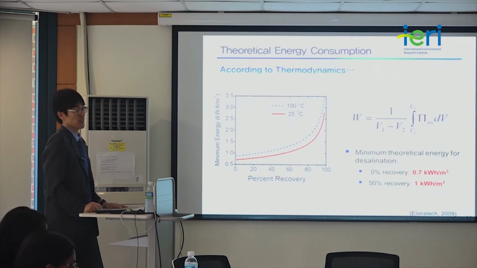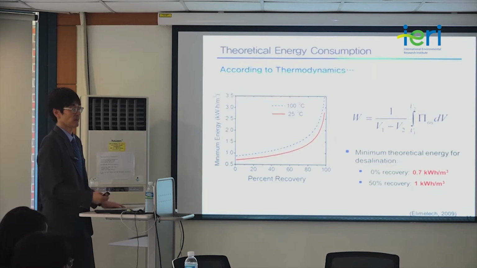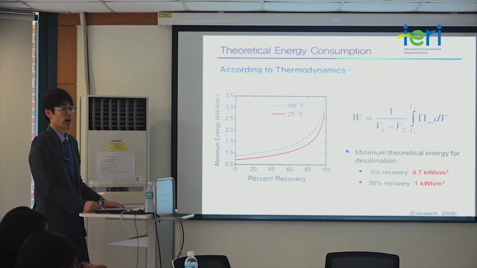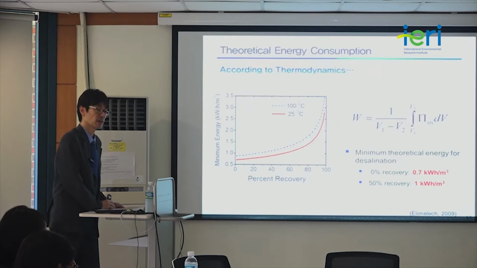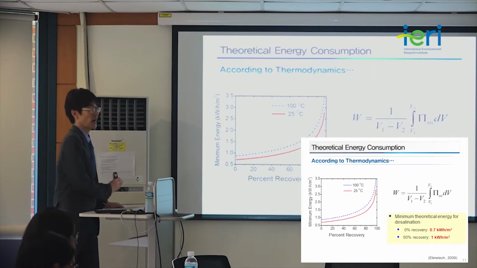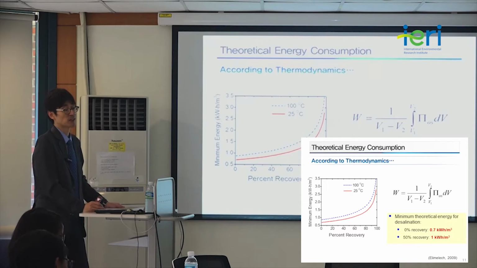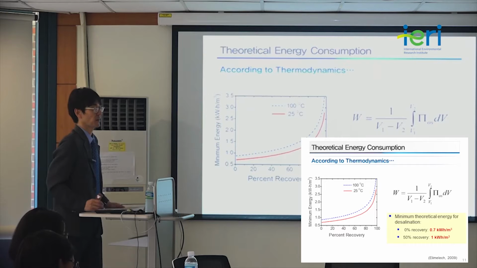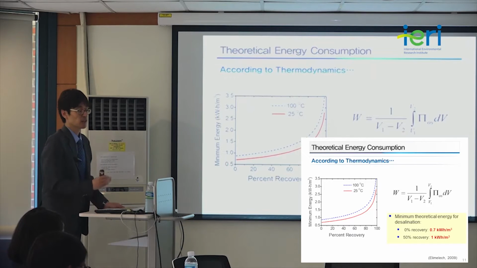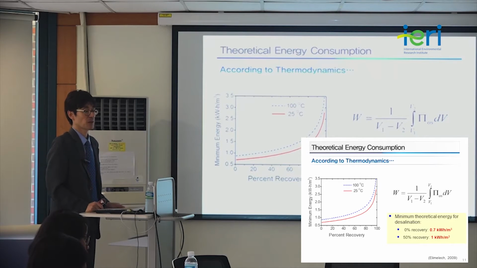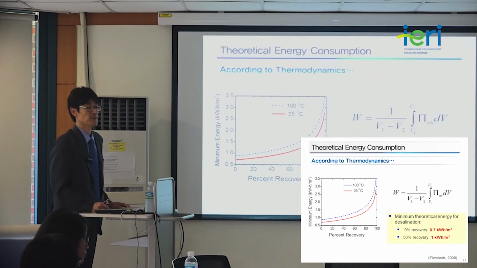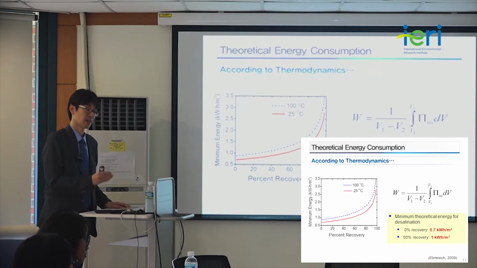So how much energy are we talking about in the real situation? How much energy will be required in the ideal case, and how much energy will be required in real cases? Of course, the actual energy consumption depends on the systems, site, and conditions.